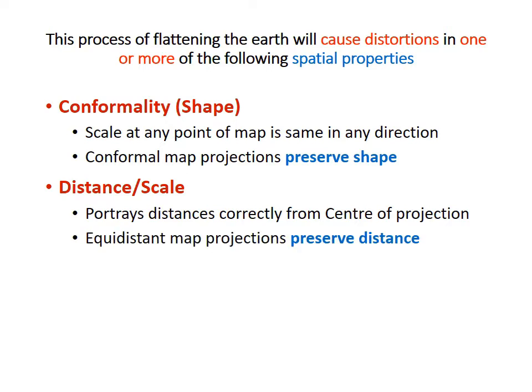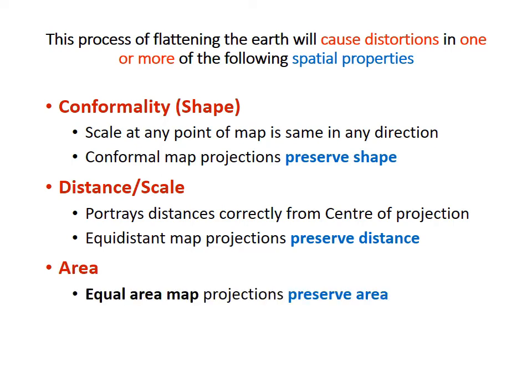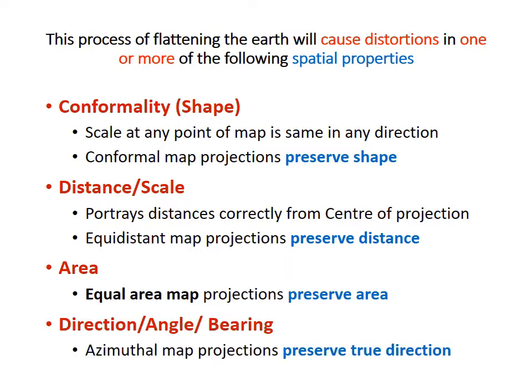So these maps are called equidistant maps, where the distances are preserved. Equal area map projections preserve areas in the map that we try to draw. Similarly, for direction, angle or bearing, the azimuthal map projection preserves the true directions. So we cannot get a 2D map free from all these kinds of distortions.